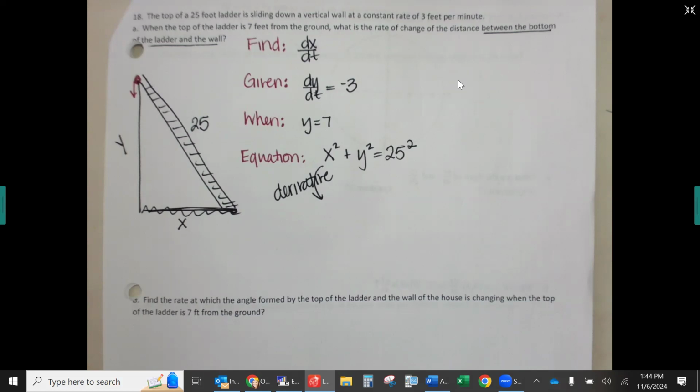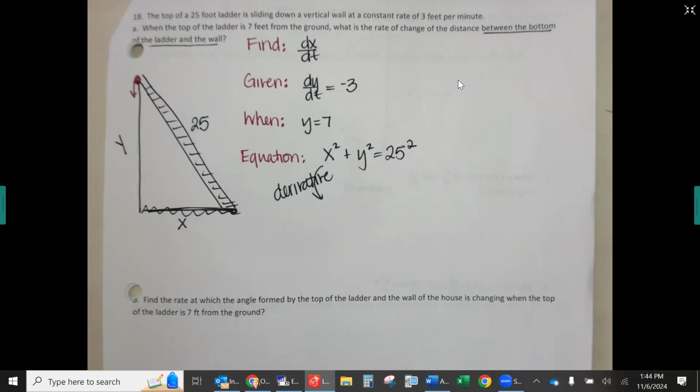Make sure when you do the derivative of x squared, that's correct. And then 2y. And then since you are going to end up missing the x, you have to go back to the triangle.